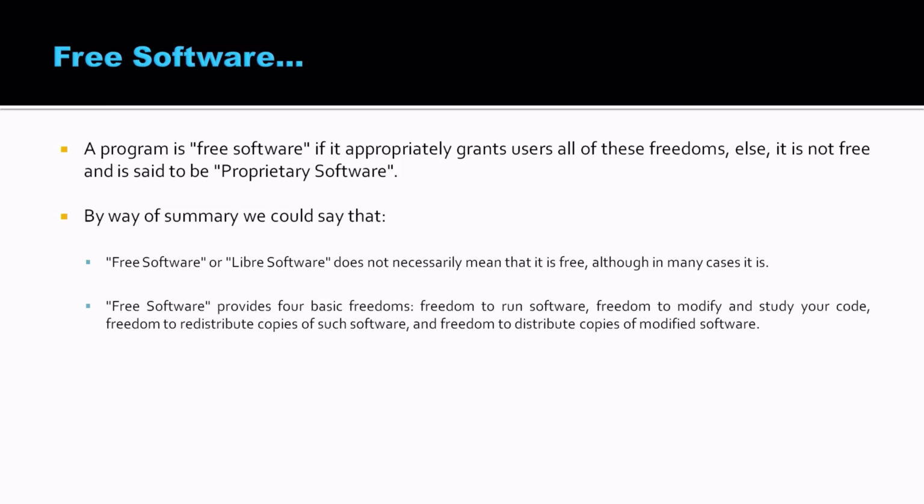Free software provides four basic freedoms: freedom to run the software, freedom to study and modify the code, freedom to redistribute copies of the software, and freedom to distribute copies of modified software. You can read this information at the following link. Just go through it and you can get all the information there.